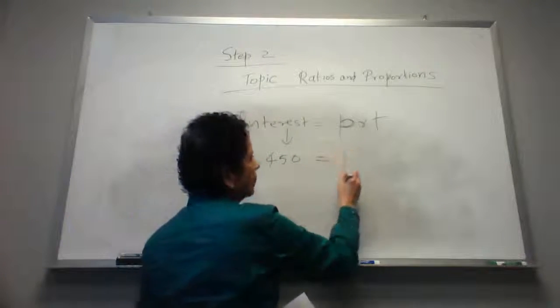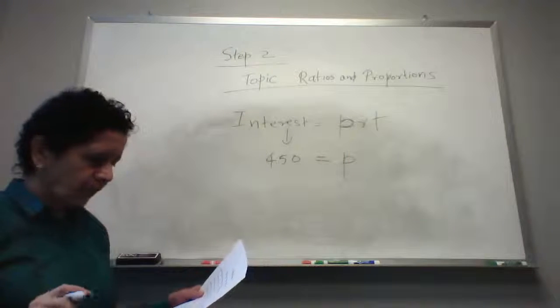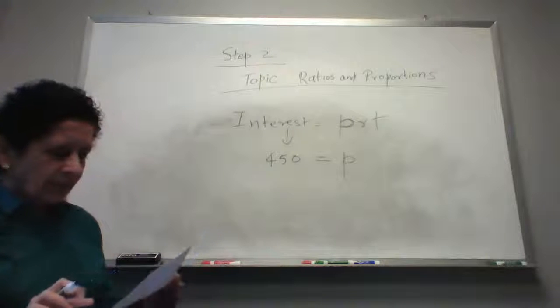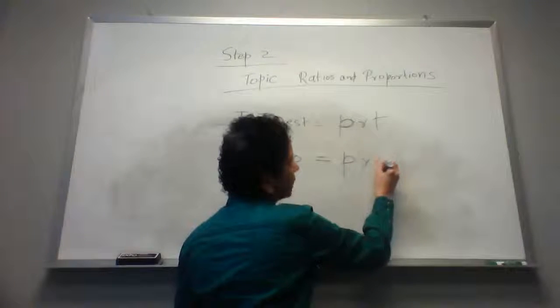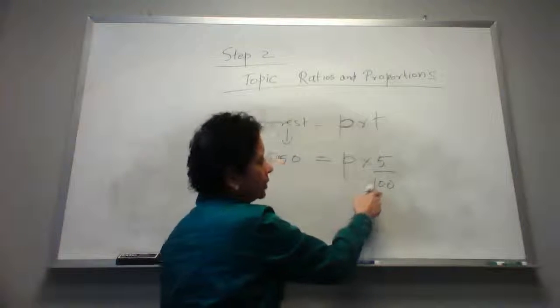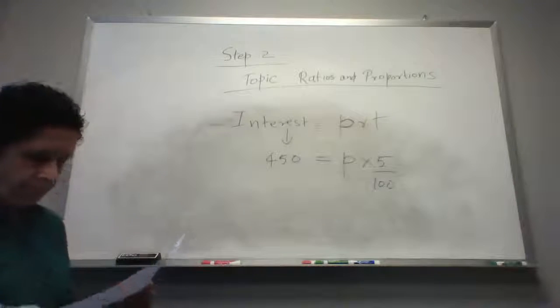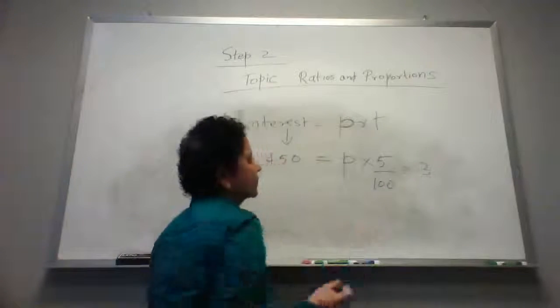Then P, principal, however much you have invested, you don't know that, so let's just put P. And then interest rate, 5% simple interest rate. Rate is 5%, means 5 over 100. Always remember to put the 5 over 100. Then T, 3 years, so you put T, that's 3, okay?